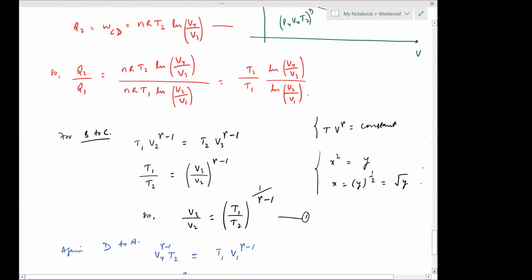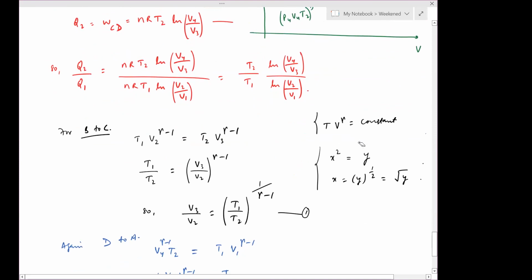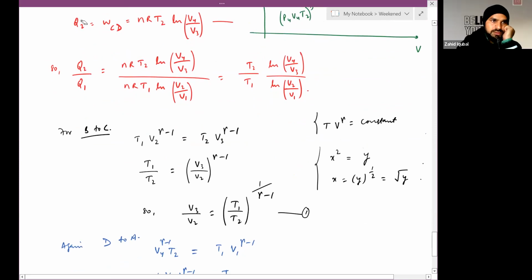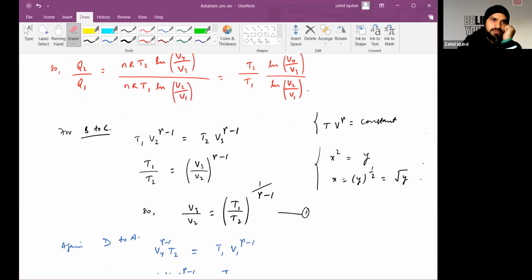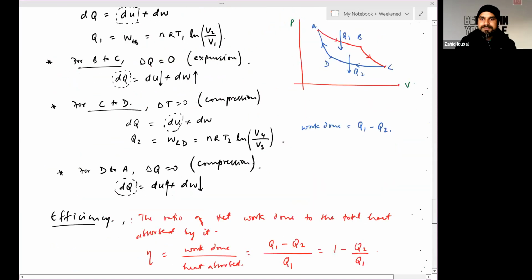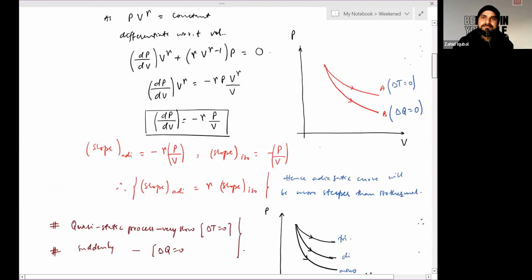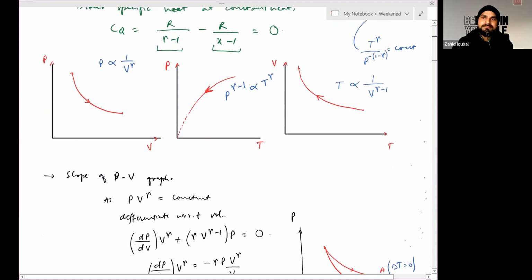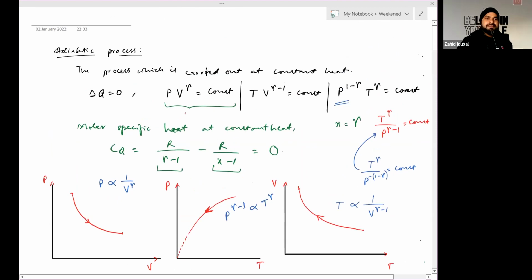Can you say how you get gamma minus 1? This relation, just one minute. In the last class, for the adiabatic process, let me define it for you. Just see this. First, we have pressure and volume: PV to the power gamma equals constant for an adiabatic process. Similarly, in terms of temperature, it will be TV to the power gamma minus 1.